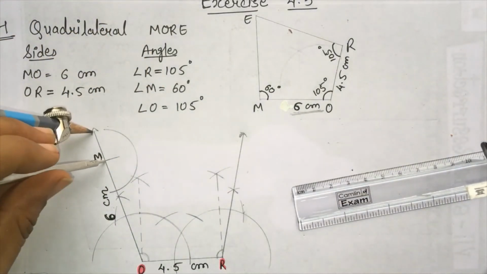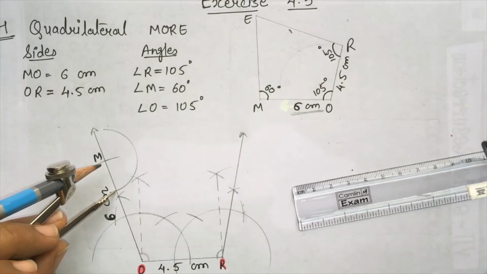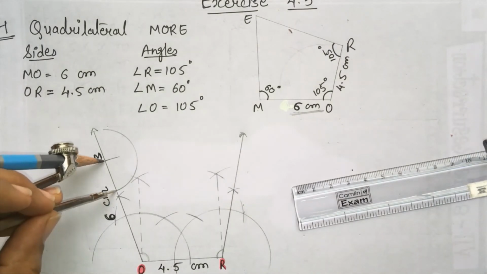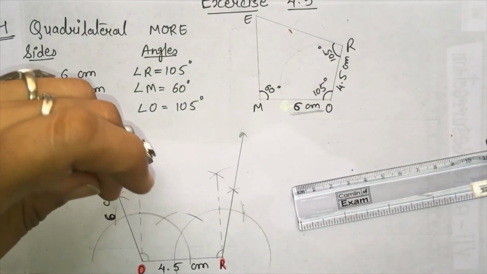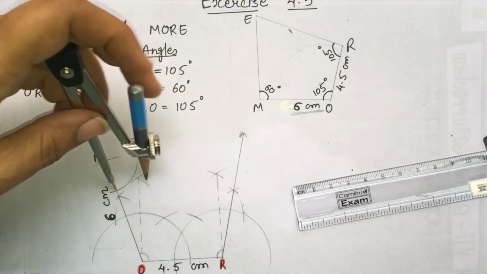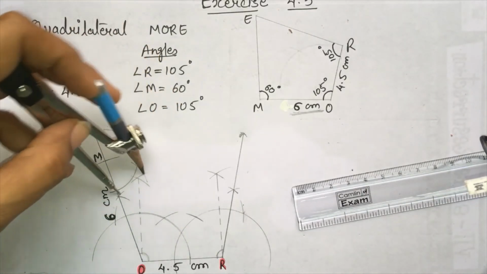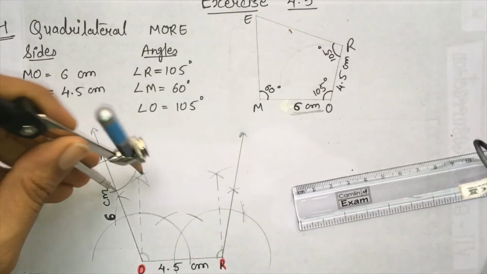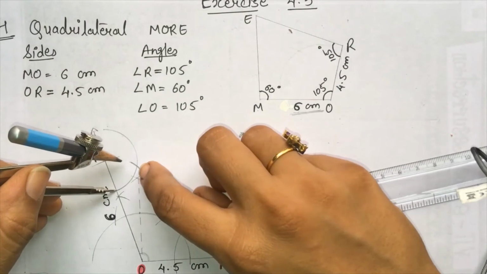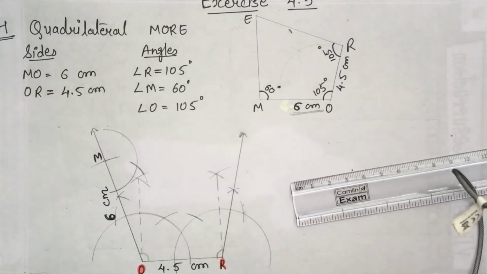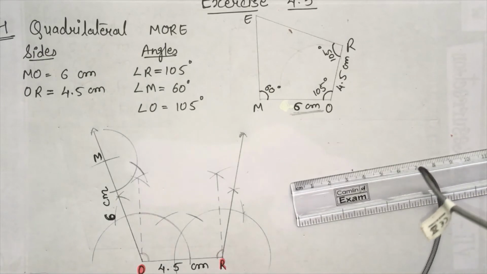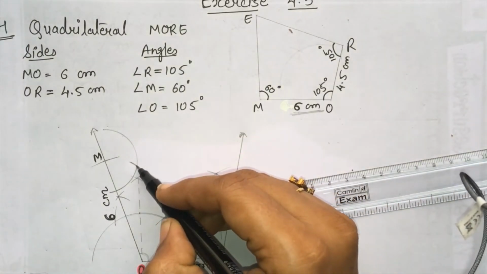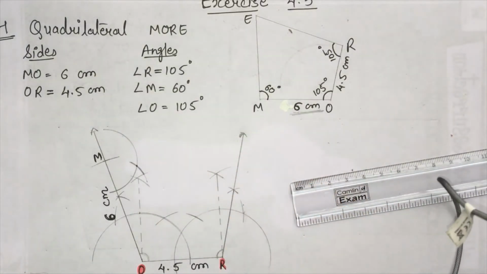Okay, now this is the point of intersection of a line and an arc. So from here, with the same radius, we will put one more arc, so this is the point of intersection of two arcs. Just mark it, no need to name, just mark.